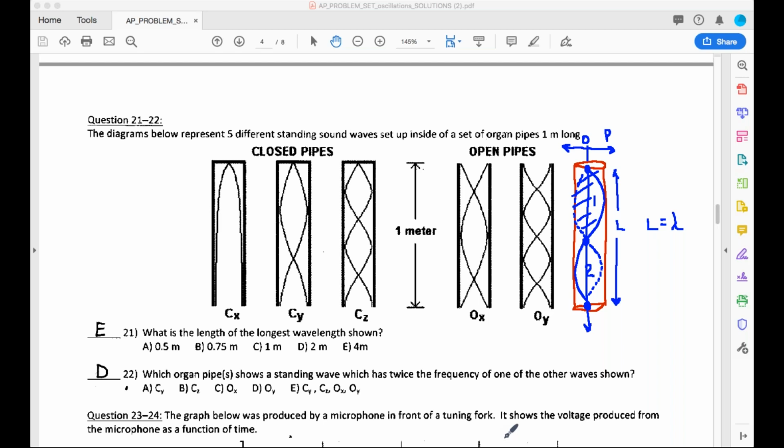What's sketched though, if you look over here at what's called open subscript X, looks fundamentally different. We have antinodes, not nodes, at the end. So you can see here that we have an antinode, a node here, another antinode, a node here, and an antinode.